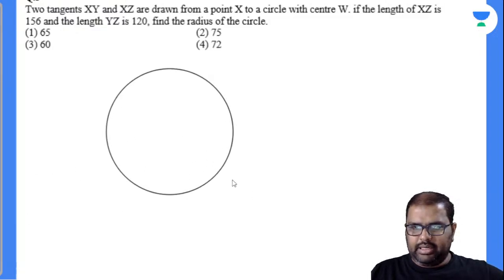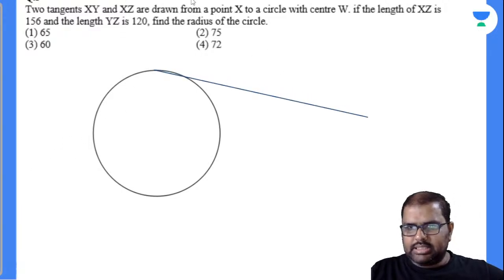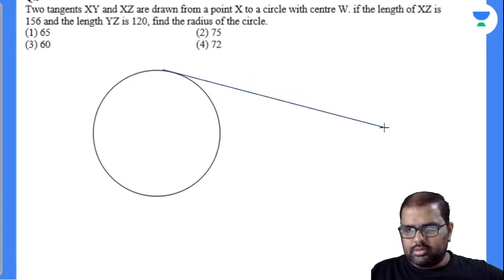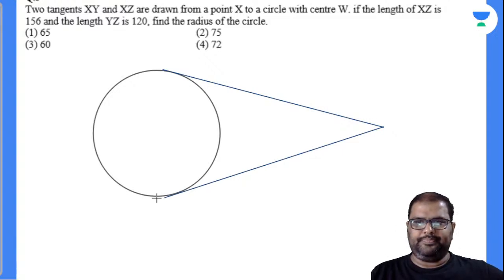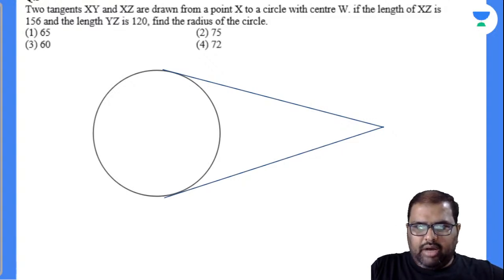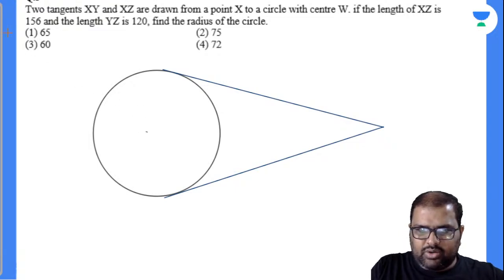Now I've drawn two tangents like this. This is the point given there. Now this is the center of the circle. I'll take this as the center of the circle.